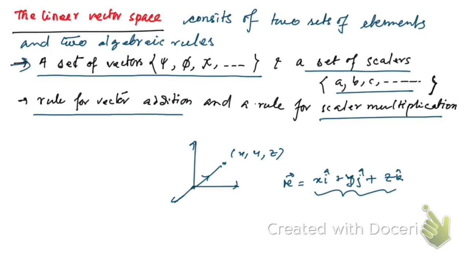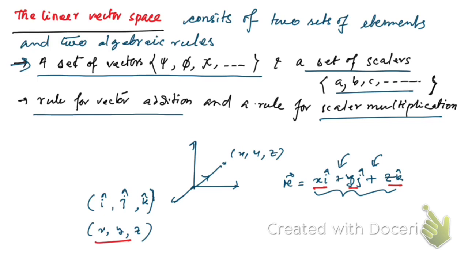One is the set of vectors, that is i cap, j cap and k cap, and another is the set of scalars, that is x, y and z. It follows two rules: vector addition and scalar multiplication, because x, y, z are scalars.